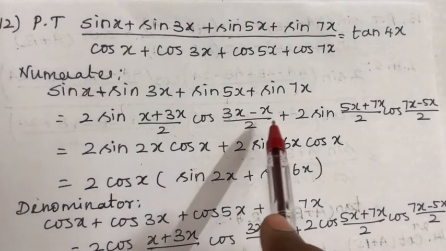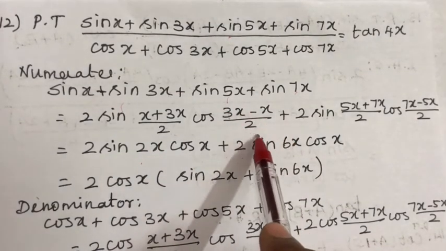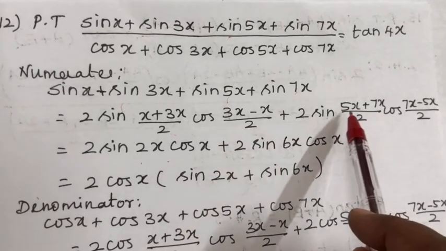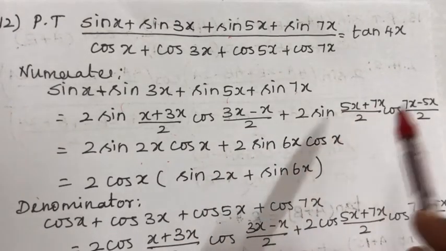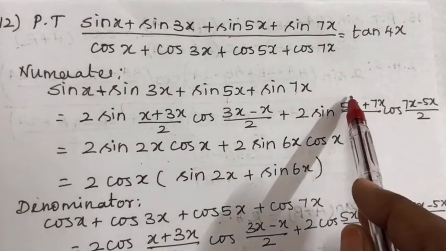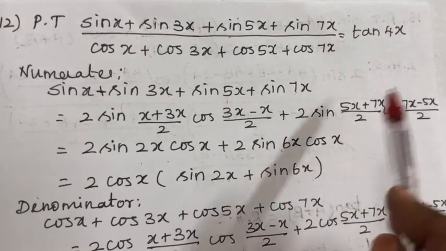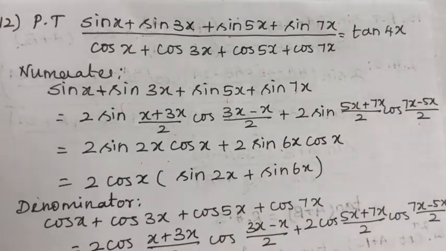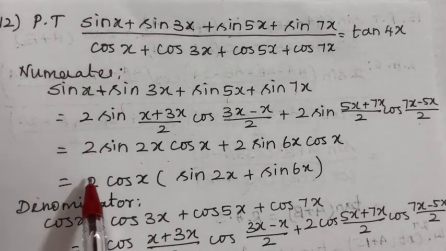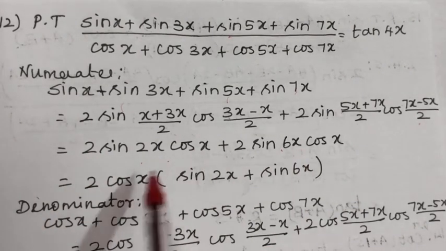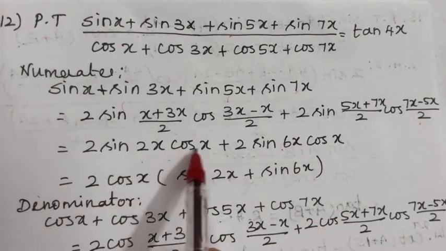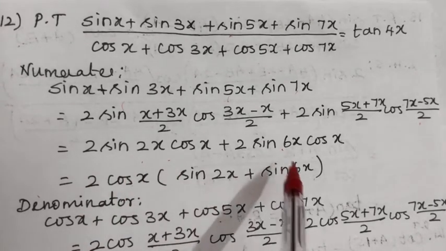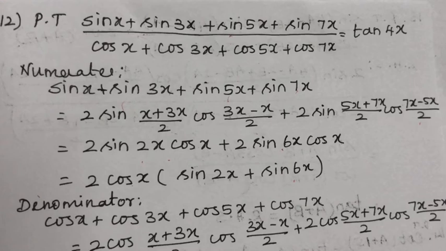Here 3x minus x, so 2x by 2 is x, cos x, plus 2 sin of (5x plus 7x) by 2, that is 12x by 2, that is 6x. 7x minus 5x by 2, so it is cos x. We can take 2 cos x from both the terms. So, 2 cos x into sin 2x plus sin 6x is the remaining term.